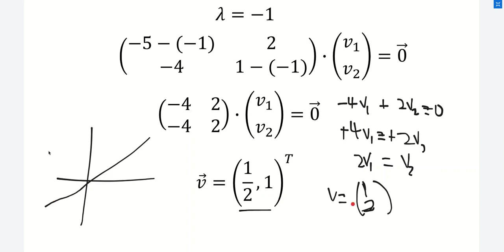So if you look at it carefully, who can tell me the relationship between these two?